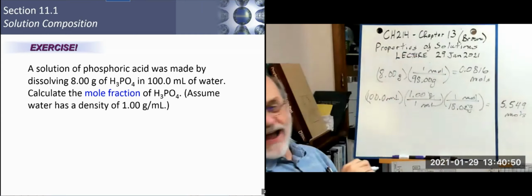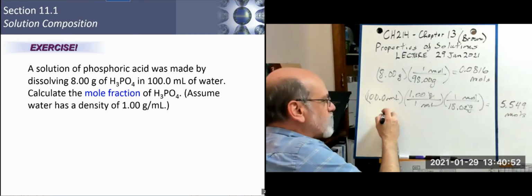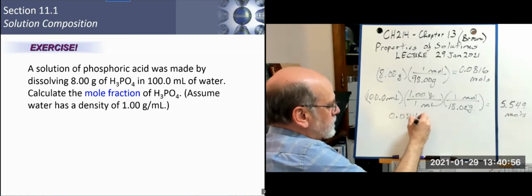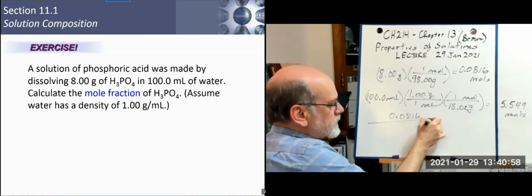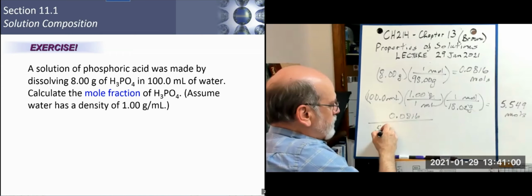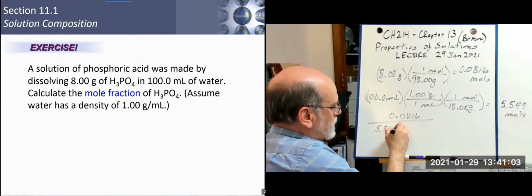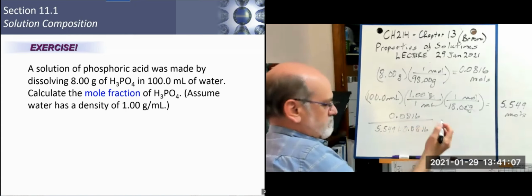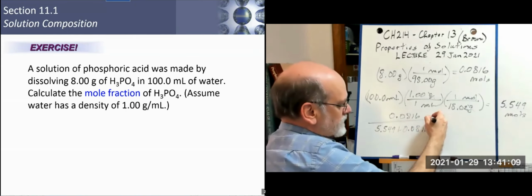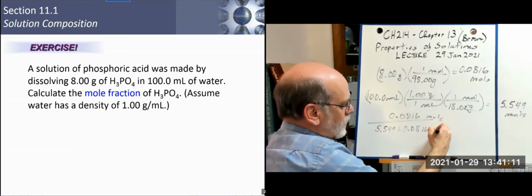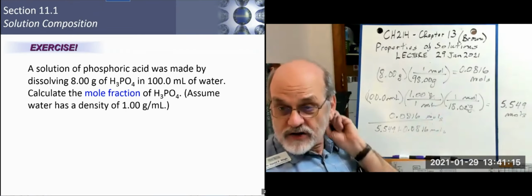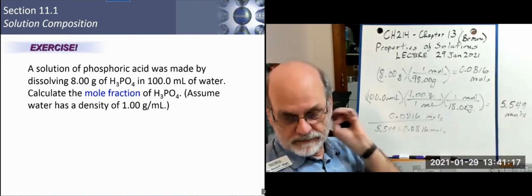Now we can do mole fraction. So we have so many moles of the solute, and then we have moles of solution, which is 5.549 plus 0.0816. Okay, and that's moles on top, moles on the bottom, moles cancel. So mole fraction is a dimensionless number.